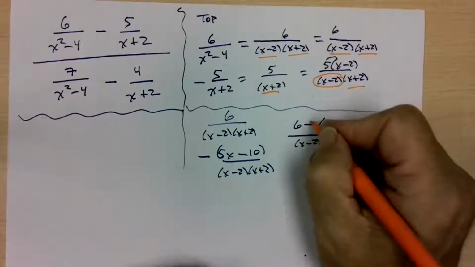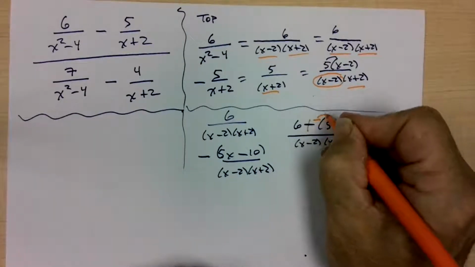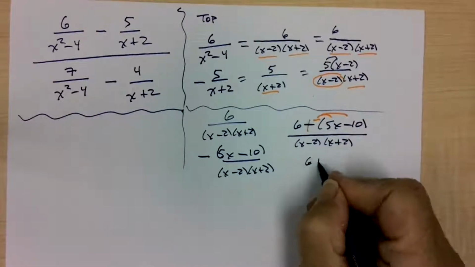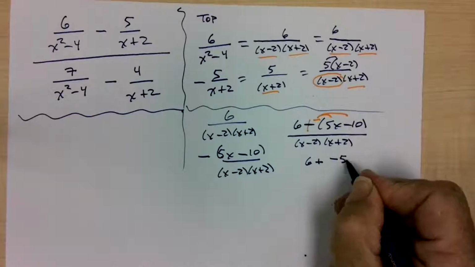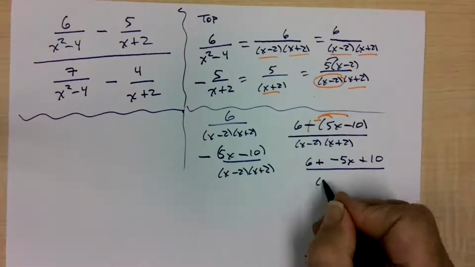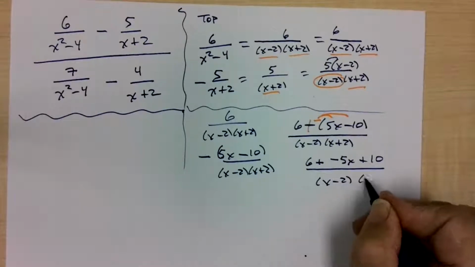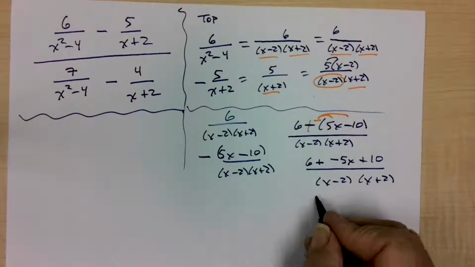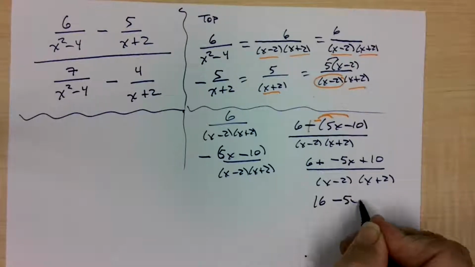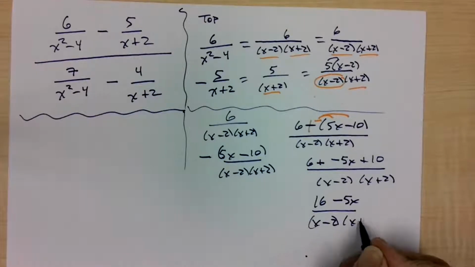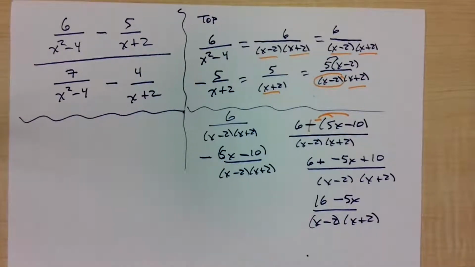So make that plus negative and distribute. So that is 6 plus negative 5x plus 10 over x minus 2, x plus 2. And we get 6 and 10 is 16 plus negative 5x, minus 5x over x minus 2, x plus 2. That is the top.